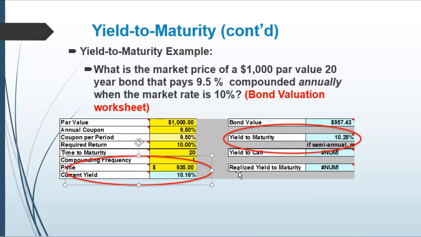So what's the difference between these two numbers? The difference is the additional yield that you get from the other 19 years, right? So you get 0.16, 0.28, this 0.12% is the additional yield you get if you hold this for the entire 20 years. And this is per year. It's not in total, it's per year.